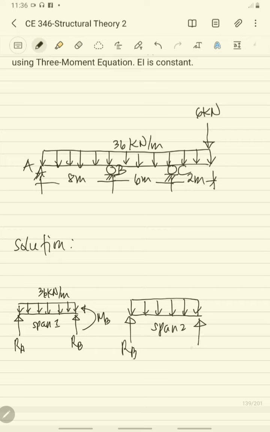And this is for your reaction at C. We have to convert this into a moment form. The overhang uniform load of 36 kilonewton per meter, and the concentrated load, which is 6 kilonewton. So we have also this one as our moment at B.